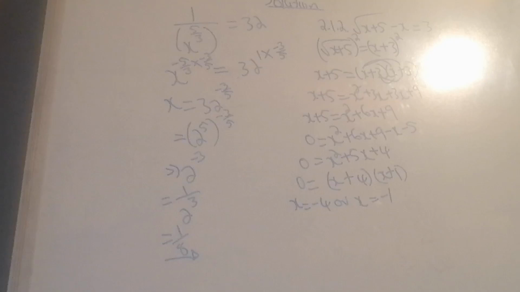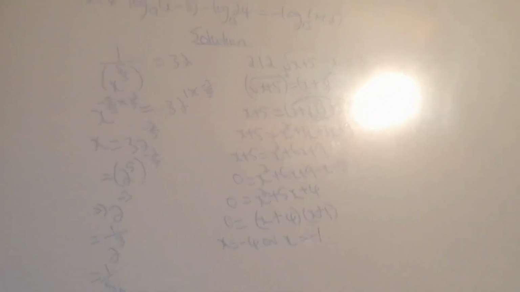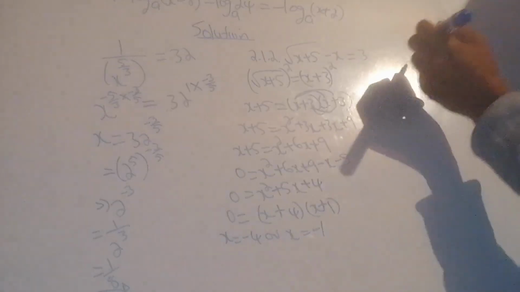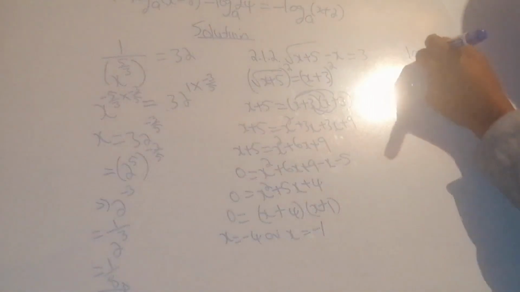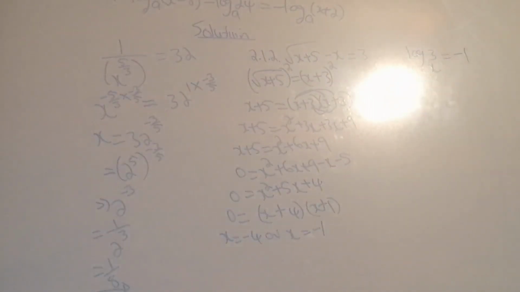From there, we can try to go to the last one, which is log of x base 3 equals minus 1. Here, we are going to change from logarithmic to exponential.